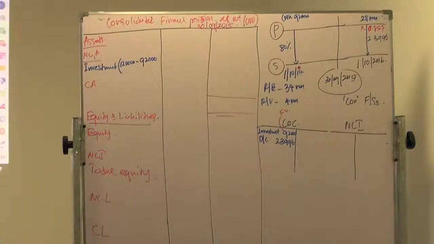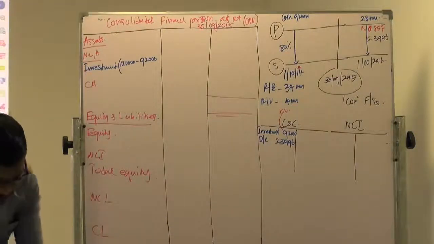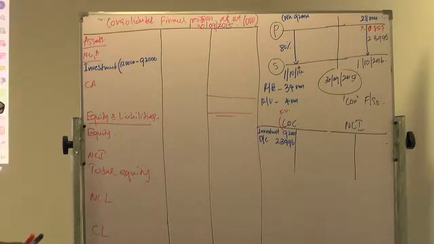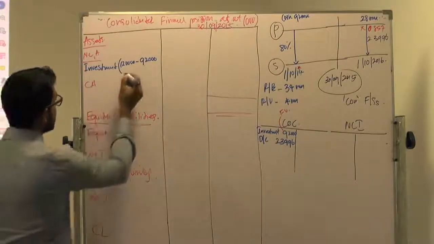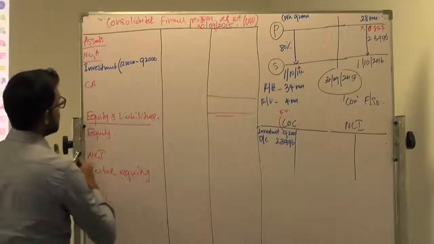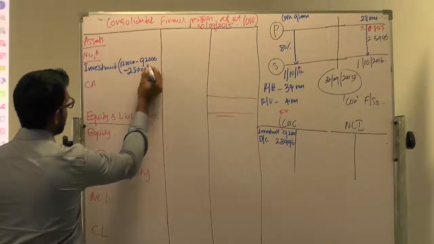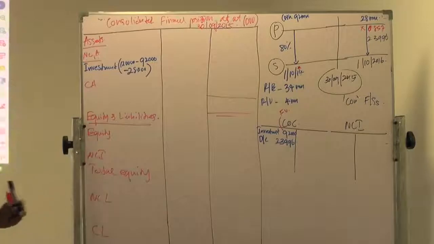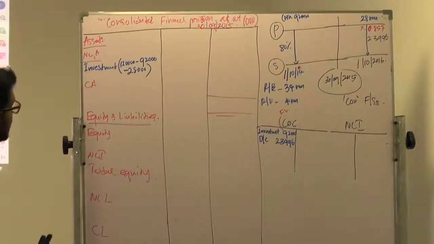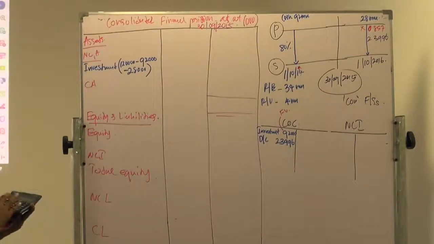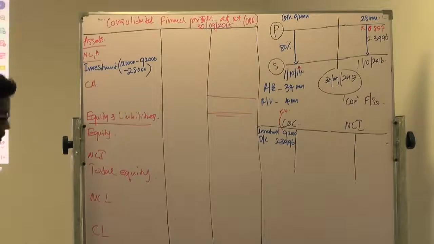So you have to remove how much? 28,000 from this. So now your investment is 120,000 minus 92,000 minus 28,000, which is 0, right?